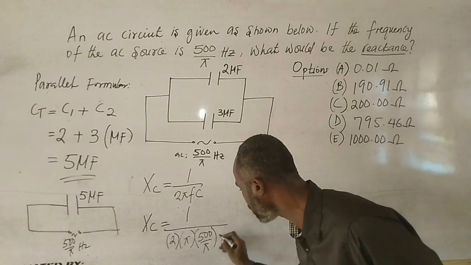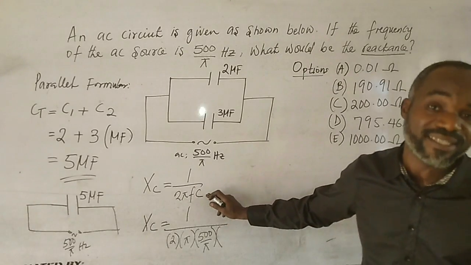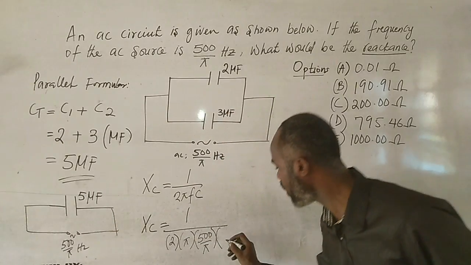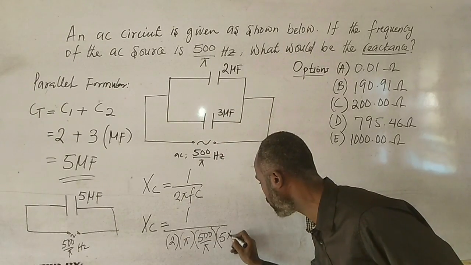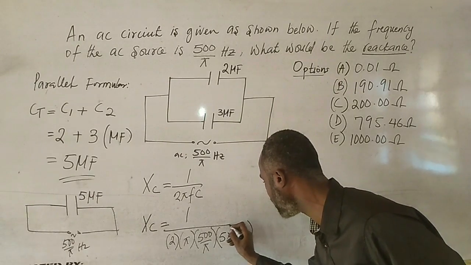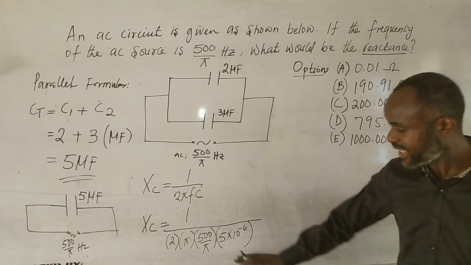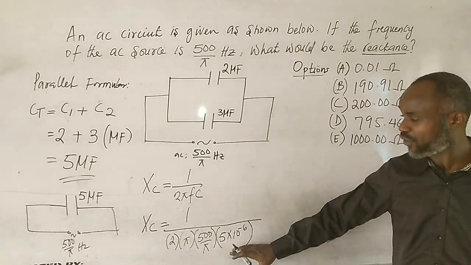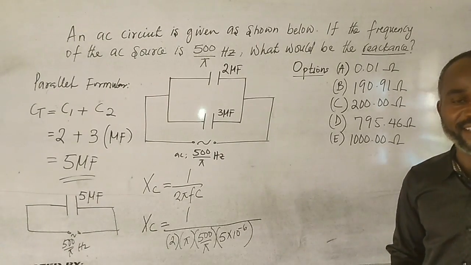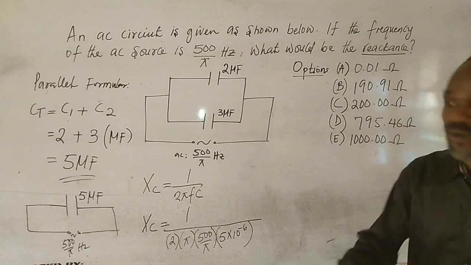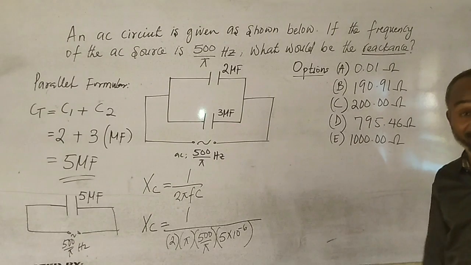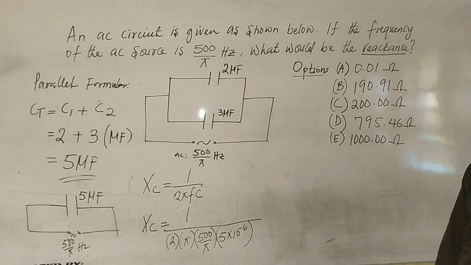For the capacitance, 5 microfarad is 5 times 10 raised to the power minus 6. We extend our division line. If we have done this, that means we have started well, and in no distant time we are going to arrive at any of these options as our answer.